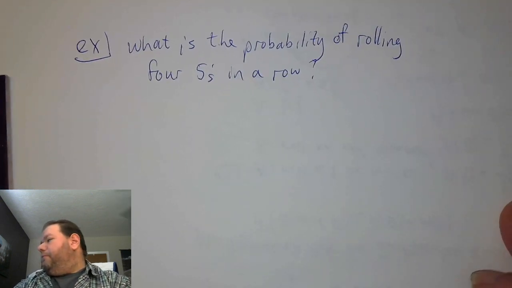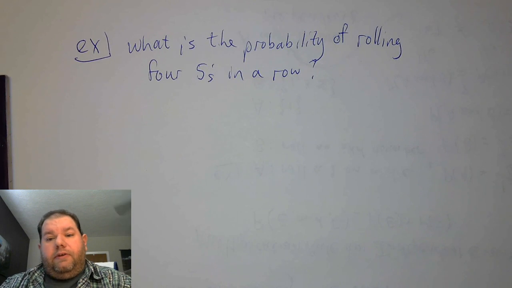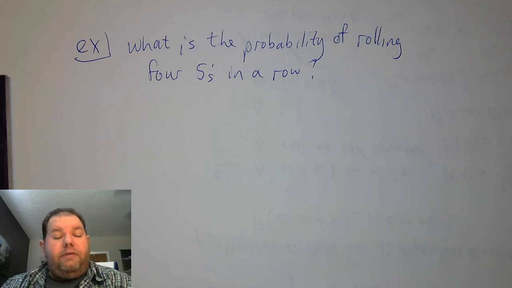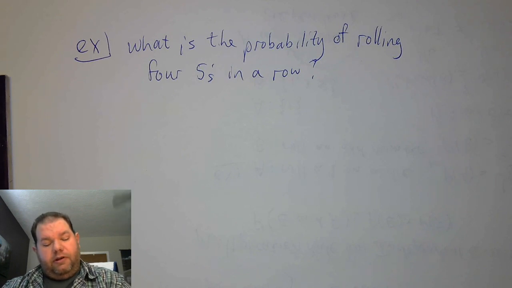In this case, we're rolling a die one at a time, and we're seeing if we can land on 5 4 times in a row. Now in this case, we know that the outcome is independent because as long as it's a fair die, the result that we get on the first roll does not influence the result that we get in the second roll.